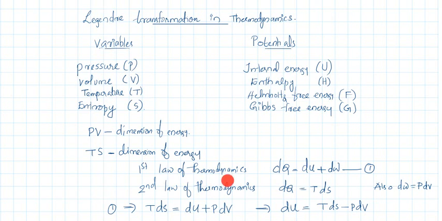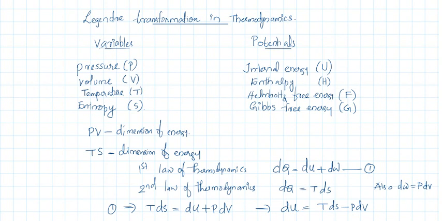Now the first law of thermodynamics says heat given to a system is used for 2 things. One is to increase the internal energy, U is the internal energy, and the other is for doing external work, dW. And from the second law of thermodynamics, dQ is TdS. Also we know that the mechanical work done is given by PdV.